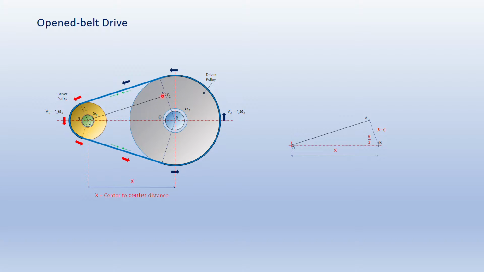So you get a right angle triangle O, A, and B. From this right angle triangle, we know that the full angle here is theta. So half of it will be theta over 2. Follow, everyone?